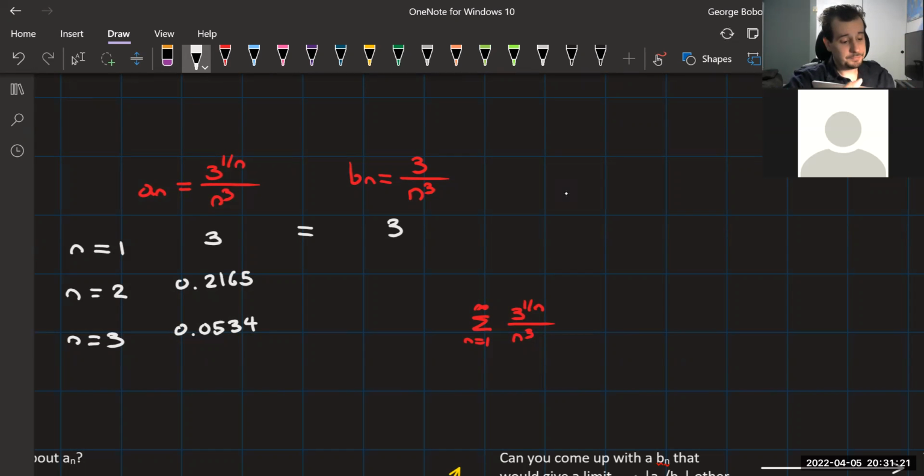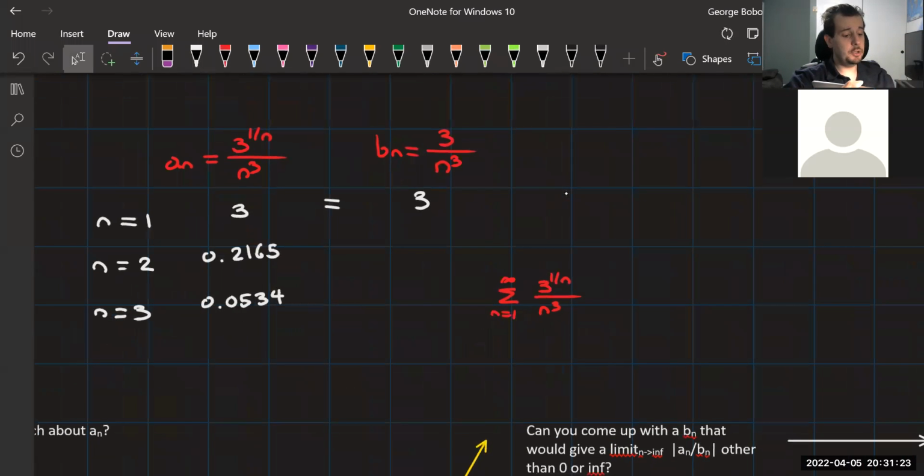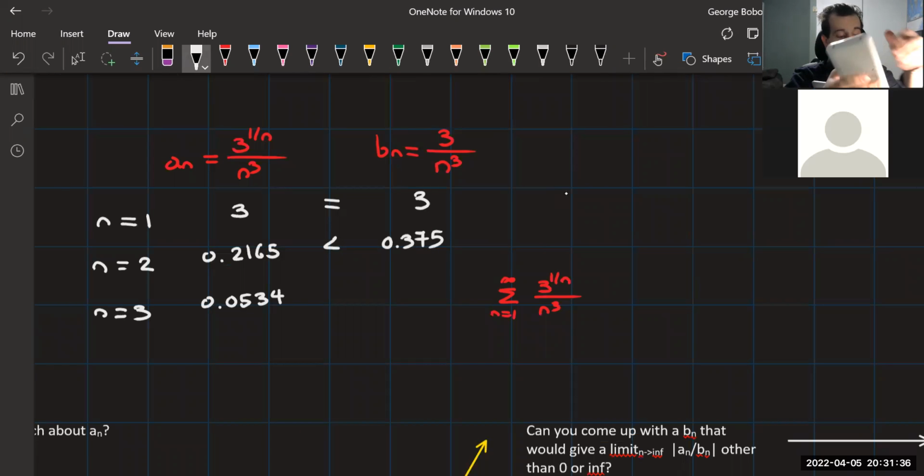Then immediately, as you go to the next value, you get 3 over 8, which is 0.375, and that's larger. And then for the number 3, you get 3 over 27, which is 0.111 repeating, which is again larger.